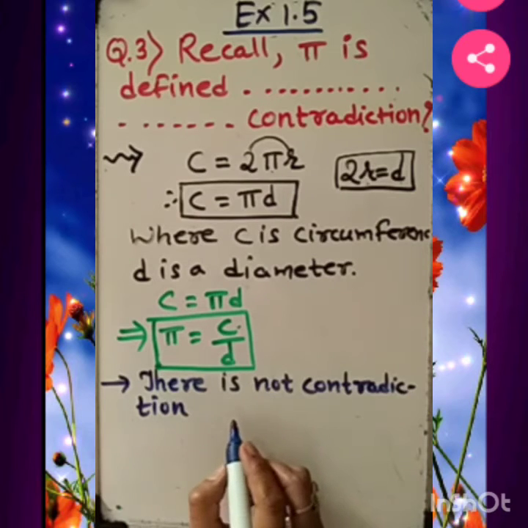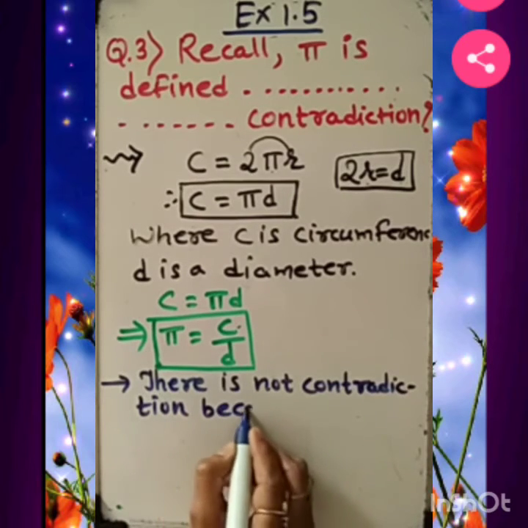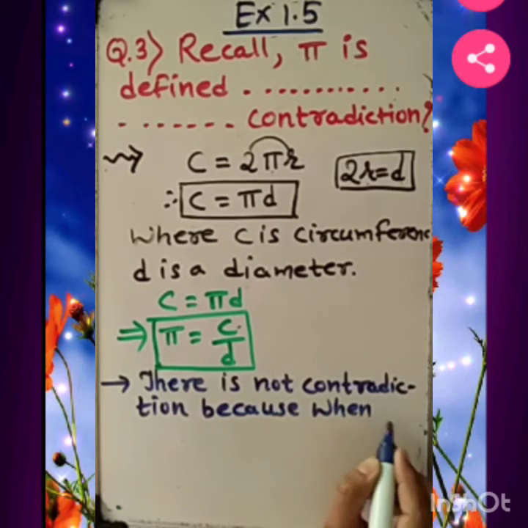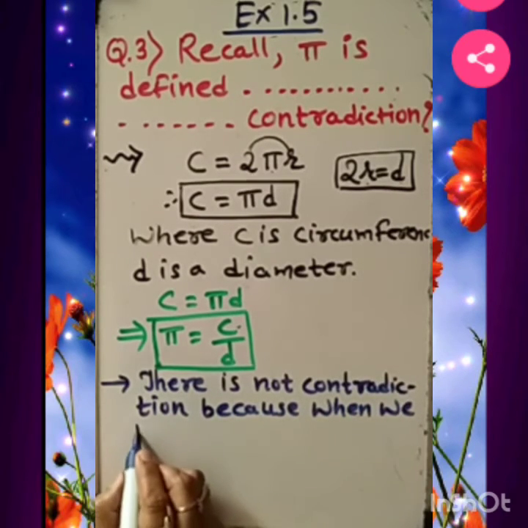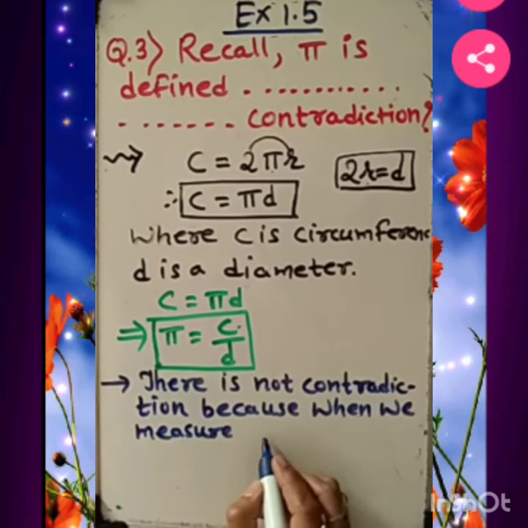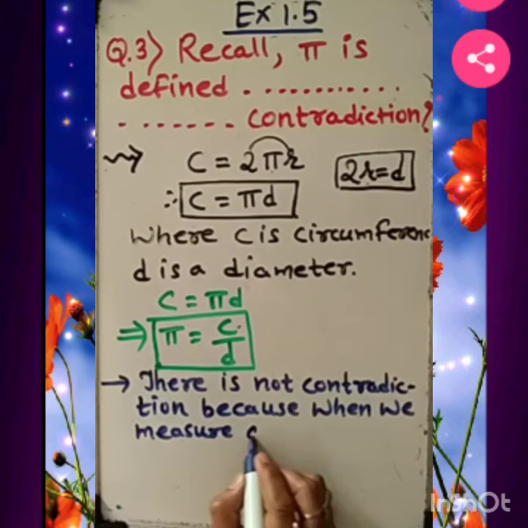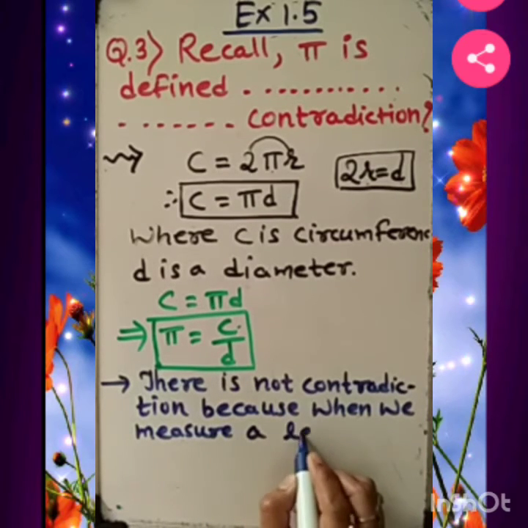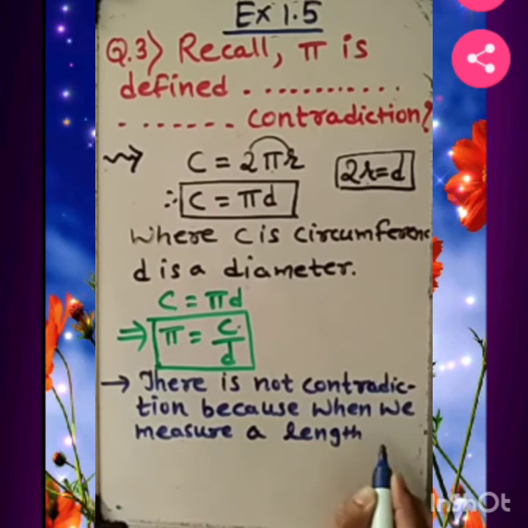The reason behind that is, when we measure, actually when we measure individually, what are we going to measure? The length. When we measure a length, what do we use? We generally use our scale.